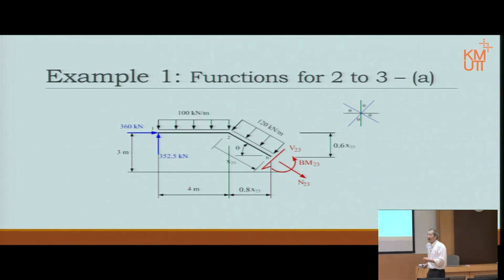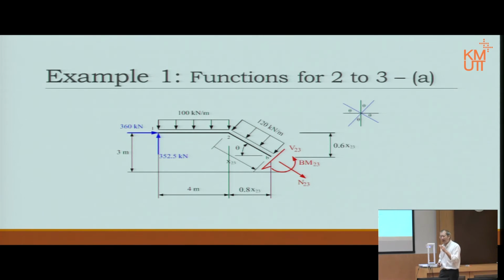Notice how we define x. x is defined following the line of the length of the member, not vertical, not horizontal. x goes along with the length of the member, because the shear force diagram and the bending moment diagram show the shear force throughout the length of the beam, not throughout the horizontal or vertical.